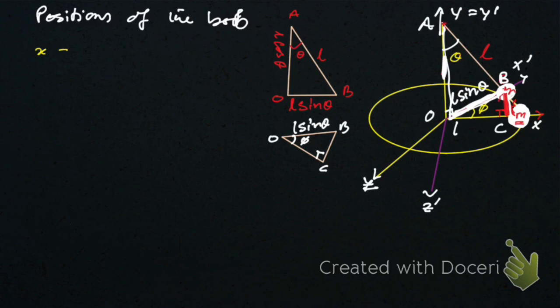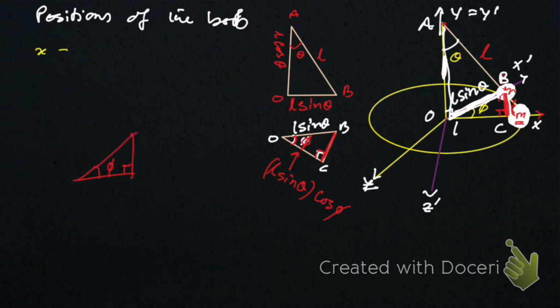If it is L sin theta and this angle is phi, and this is 90 degree, from this triangle BOC we get this component as L sin theta cos phi, right? It's very simple. Now you see this is a right angle triangle.